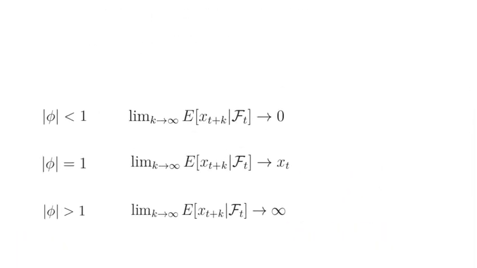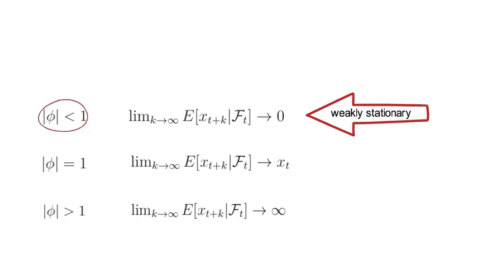And we learned that xt, which we assume to follow a zero mean AR1 process, is only weakly stationary if the absolute value of phi is below 1. I'm going to verify in another video that this condition also implies a constant autocovariance.